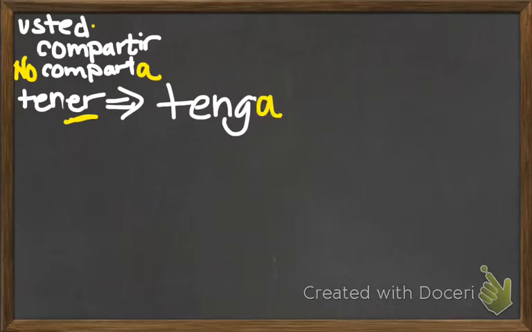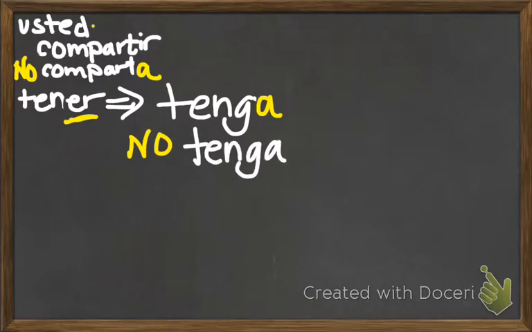Tenga. Good. So tenga cuidado. Be careful. That would be an appropriate command to use with an usted. Tenga cuidado, usted. And how would we say, you don't need to be careful? Don't be careful. It would be usted, no tenga. Same way. Tenga and no tenga.